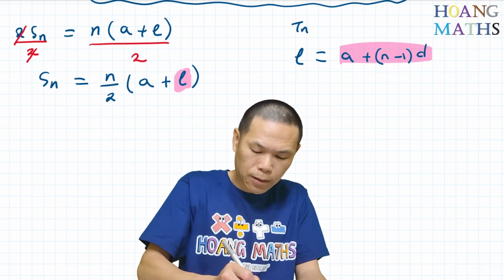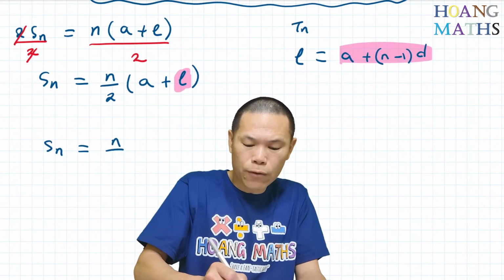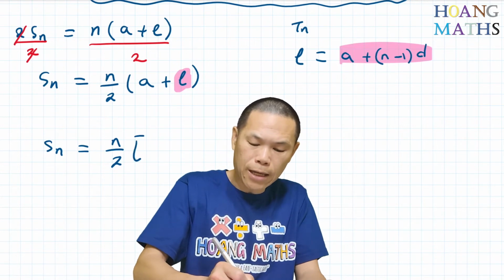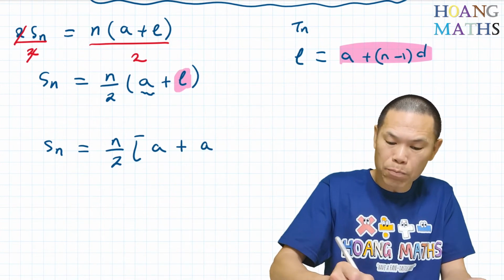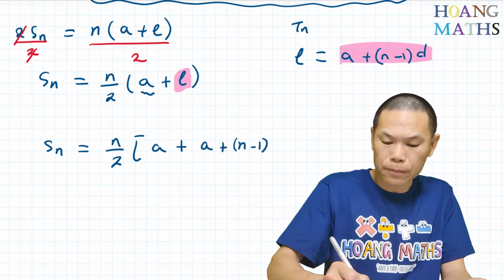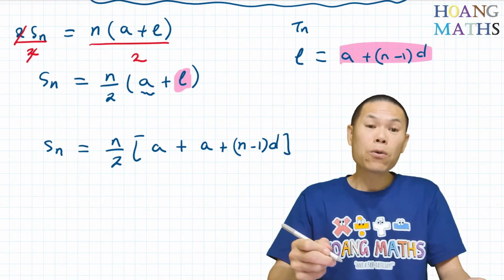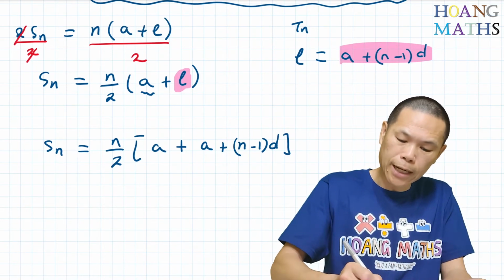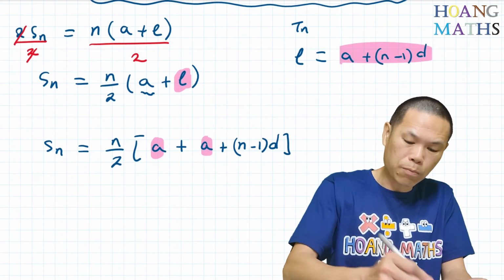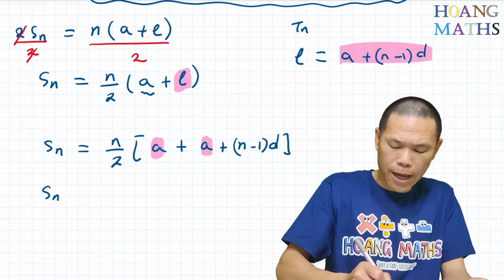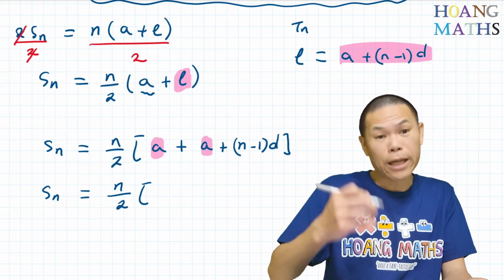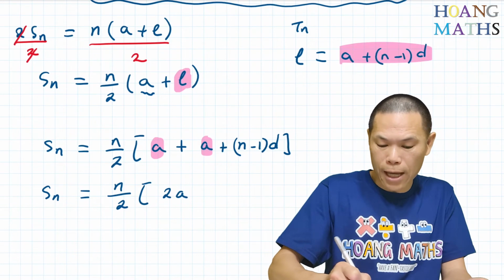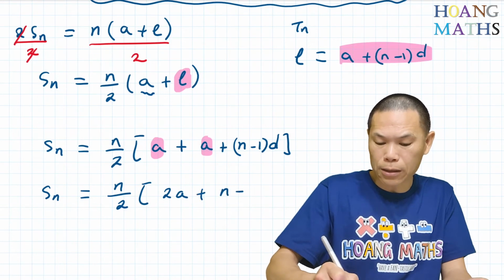S of n is equal to n over 2, and then we have A. I just write this A down. And we add L, and L is A plus n minus 1 D. Now I can simplify by collecting like terms. That will give me S of n is equal to n over 2, and A plus A is 2A. So 2A, and then we add n minus 1 D.